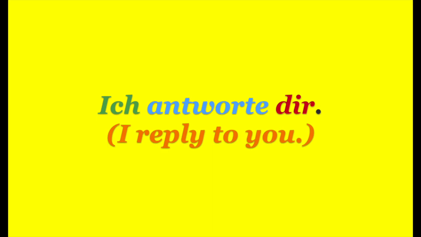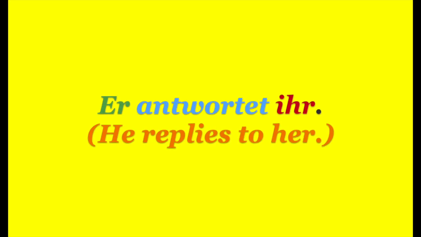I can also say, ich antworte dir. Here I will use the second person in singular in the informal approach. I answer to you. For the third person, let's take them together. We can say, er antwortet ihr. So he is replying to her.